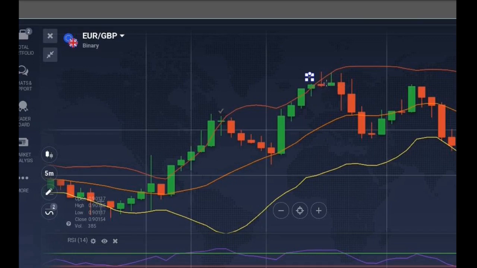By the way, you must never trade a confirmation candle in the color of the trend. If you're trading a put option, that means you expect the price to drop, and you place a sell option. Your confirmation candle must be in the direction of your trade.